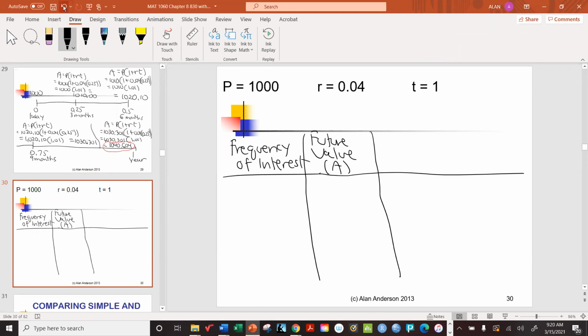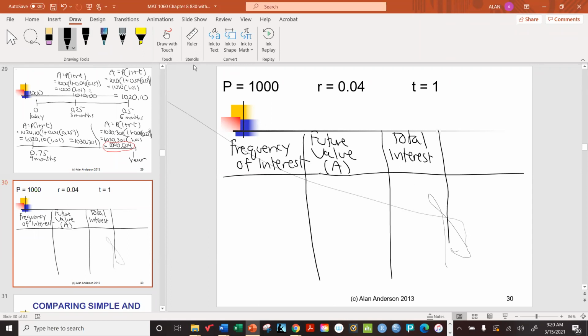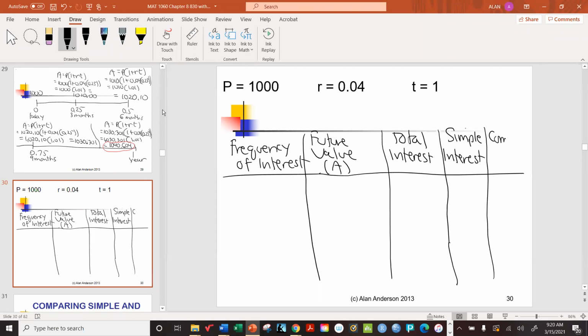All right, that should do it. That should do it. It's a little tight, but I can fit it in.